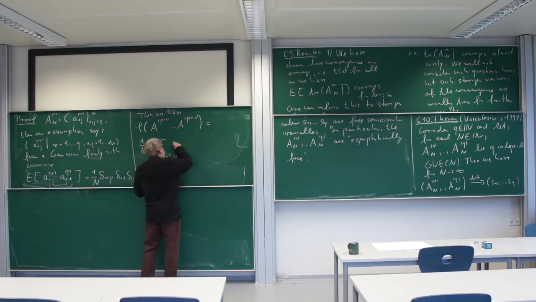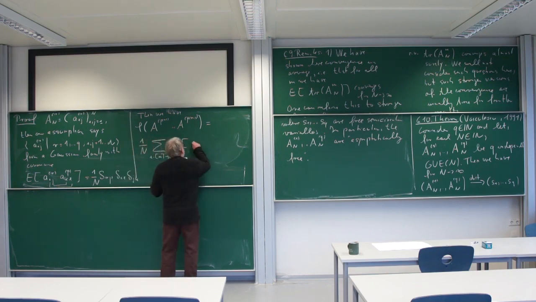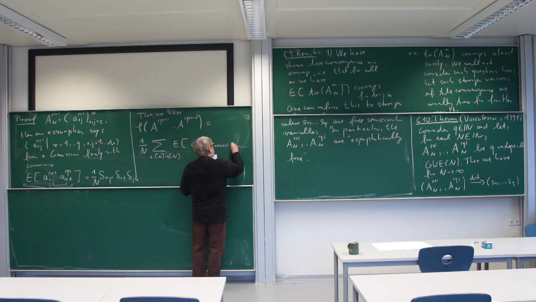Okay, and then I take the expectation, and what do I have here? Of course, I have the matrix product of those matrices here, so i_1, i_2, i_3, up to i_m.